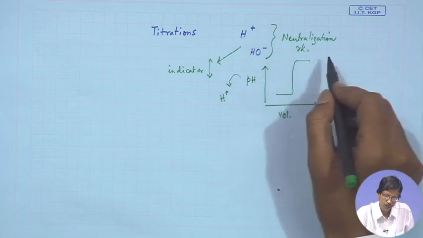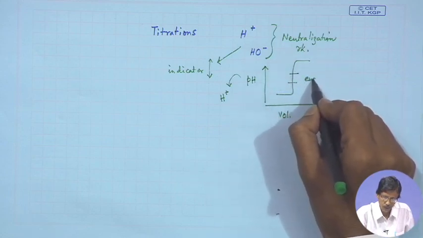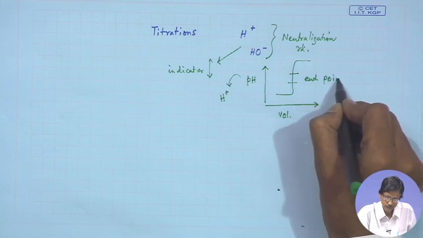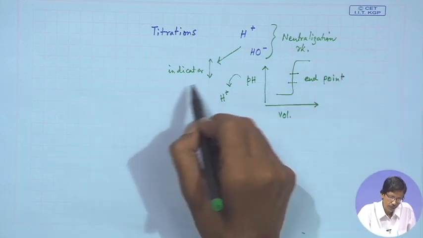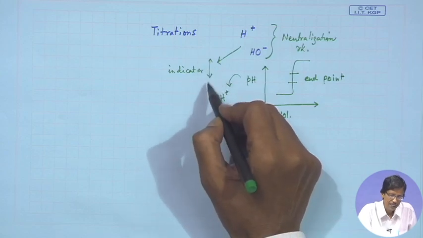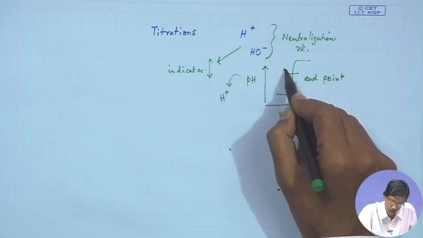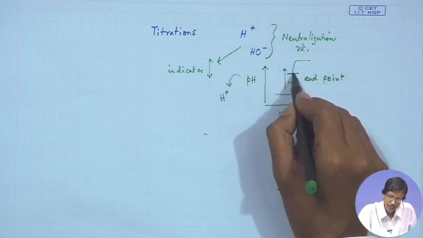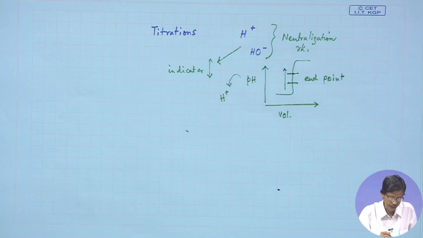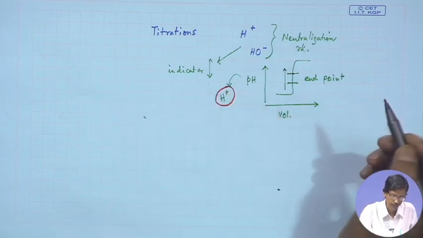There should be some pH change and we can locate the corresponding endpoint by using a few drops of those indicators which change from one color to the other, that means we are passing through the color change range for the corresponding indicator. So, this particular parameter basically depends on the concentration of the hydrogen ion and its neutralization.